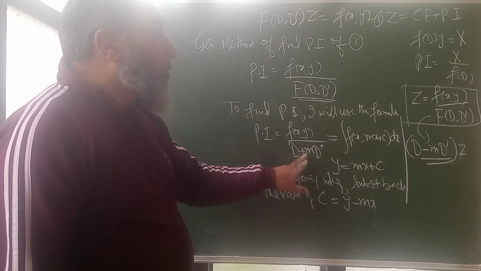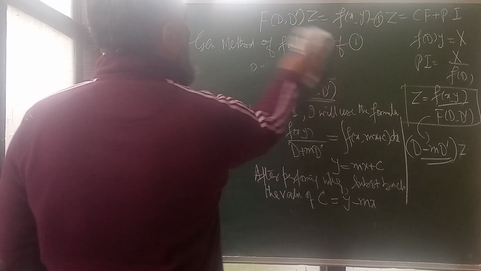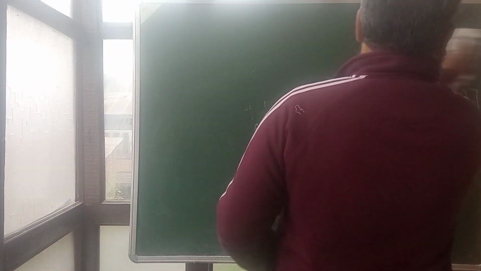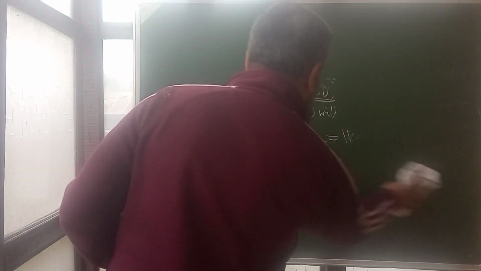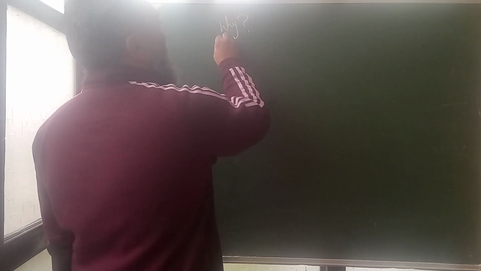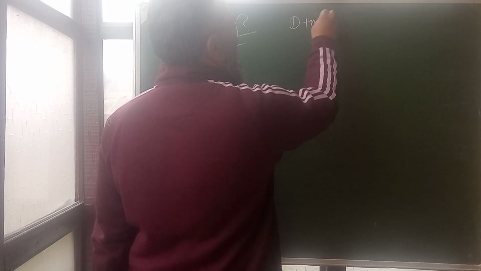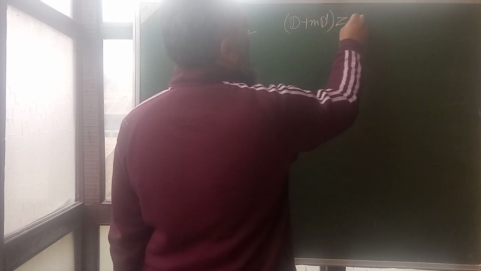Now let me tell you why we use this formula. You have to find the particular integral. Why do we use the formula? Say you have (D plus mD') operating on z equal to a function of x, y.